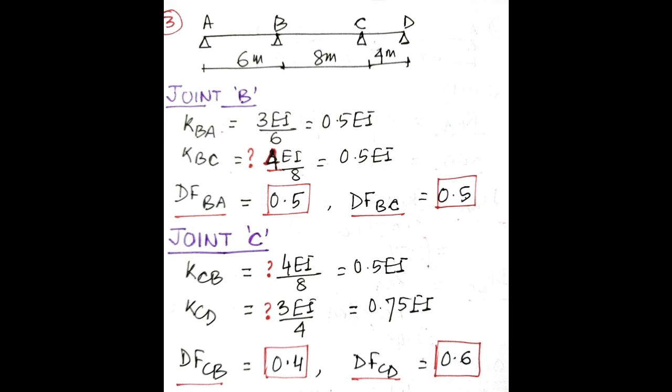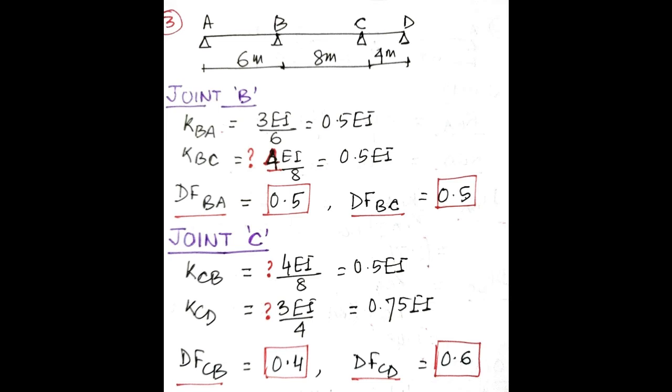Beyond C, on the right hand side, there is another support D. So for that reason, while considering the BC member, the C part acts as if it is a fixed support because of the existence of D. Always remember. So that's why for BC the stiffness factor will be 4EI by L. After that, distribution factor for BA comes out to be 0.5 and distribution factor for BC comes out to be 0.5.